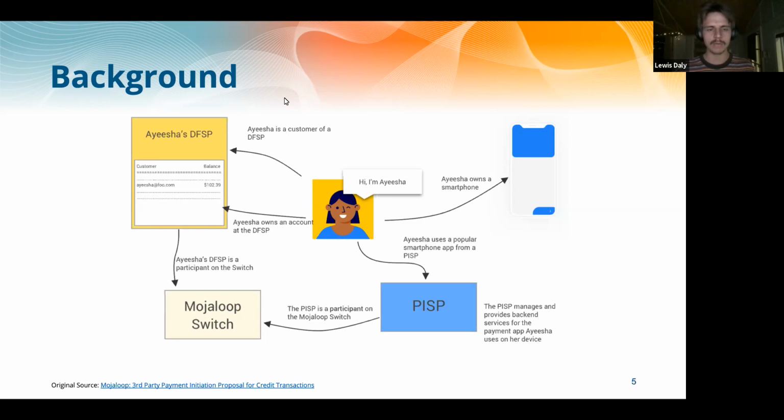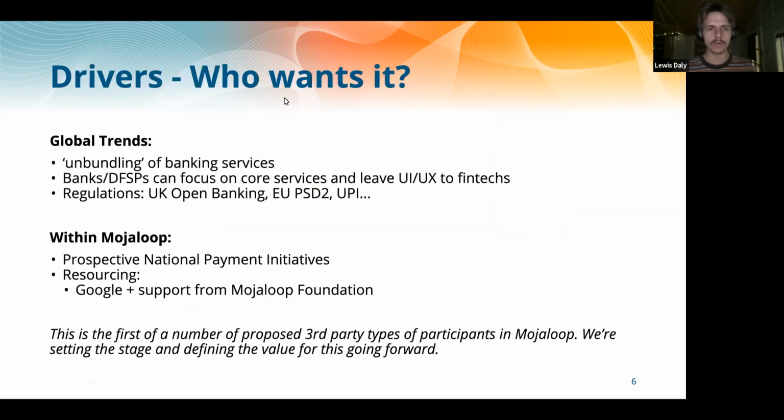We've also added this slide more recently just to talk a little bit about some global trends around PISP. There's a general trend of the unbundling of banking services. Banks do a lot of different things, and maybe they don't want to be as involved in making good user experiences or user interfaces for users. Maybe they can unbundle some of the services around doing payments really well to players like fintechs in different markets.